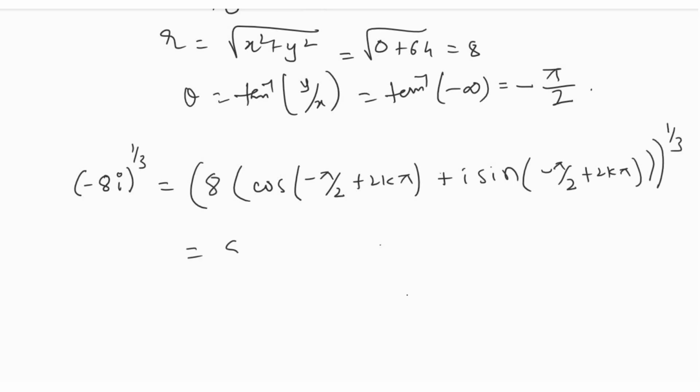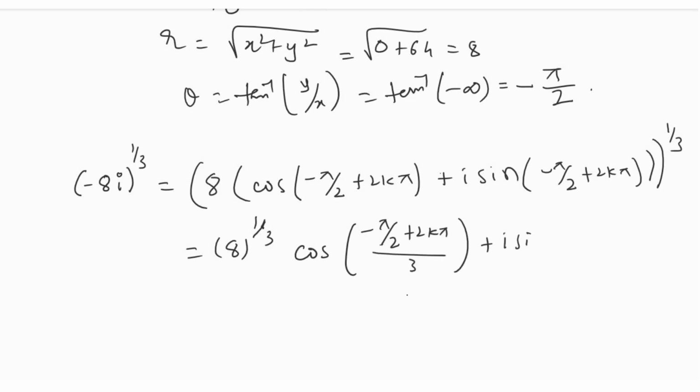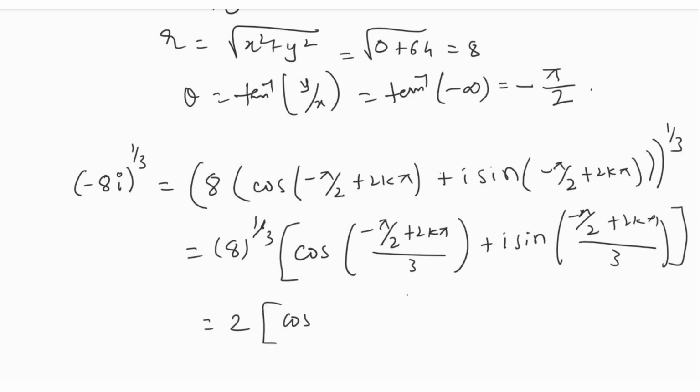That gives you 8^(1/3) into cos of (minus pi by 2 plus 2k pi) by 3 plus i sin of (minus pi by 2 plus 2k pi) by 3. This gives you 2 into cos of (minus pi by 6 plus 2k pi by 3) plus i sin of (minus pi by 6 plus 2k pi by 3).